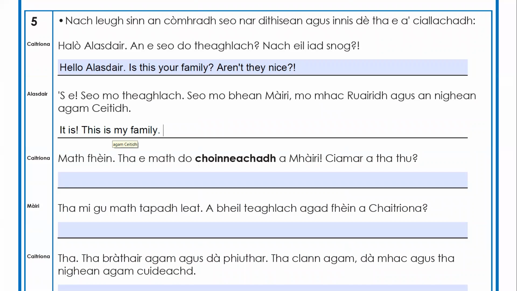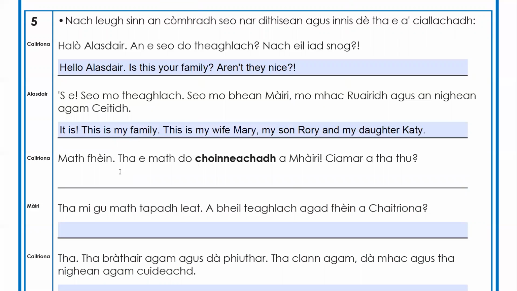Seo mo bhean, Mairi, this is my wife, Mary. My son, mo mhac, Ruaidhri, Rory, agus an nighean agam, and my daughter, Katie.